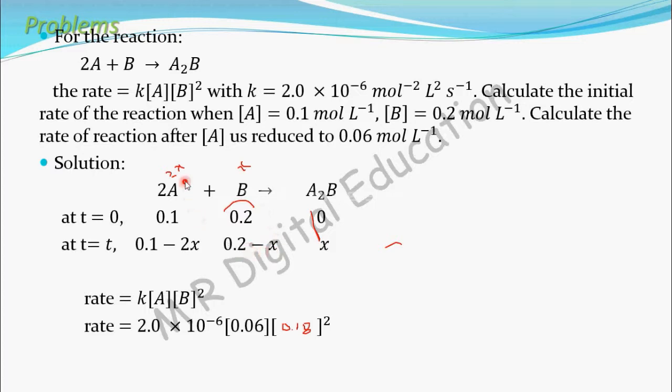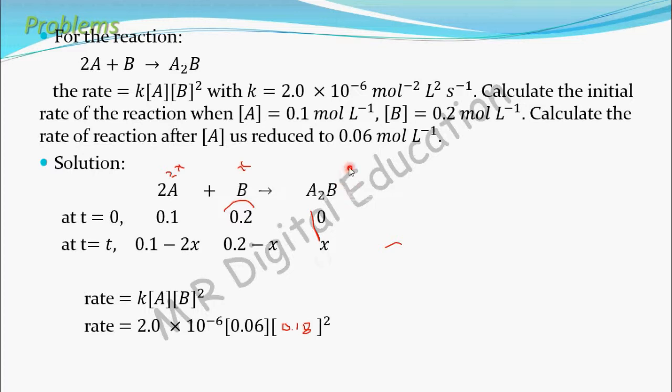A is used, 2x mole per liter out of 0.1. So how much remains? 0.1 minus 2x. This indicates that at time t, 0.1 minus 2x mole per liter of A remains and 0.2 minus x mole per liter of B remains and x mole per liter of A2B is formed.